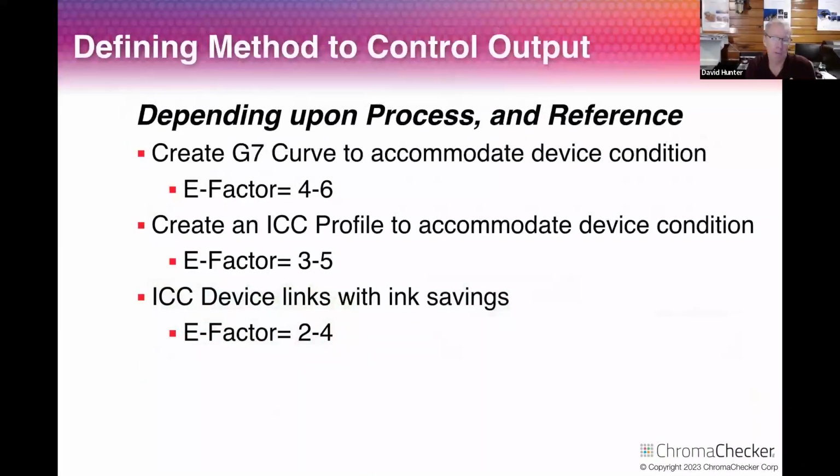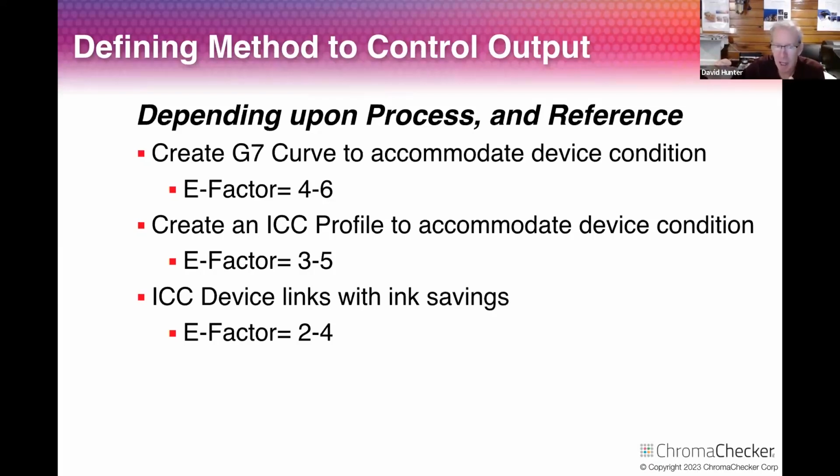And when we talk about controlling the output, we did our session last month on conversions. We talked about how, depending upon the type of conversion you do, that can affect the level of E-factor. If you just apply a G7 curve to, let's say, an HP Indigo, you can take that Indigo from native condition, maybe a 7 E-factor, down to maybe a 5 or 6.